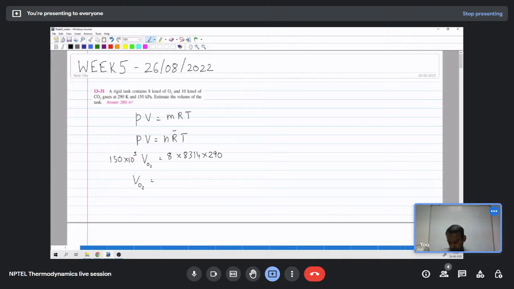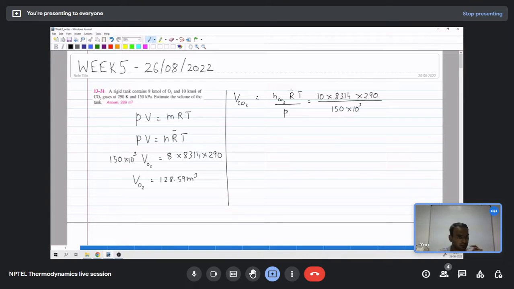So this comes to be 128.59 meter cube. Similarly, I can calculate the volume occupied by carbon dioxide, which I can write as the number of moles of CO2 into the universal gas constant into temperature divided by pressure, which is 10 kilomole into 8314 into 290 divided by the pressure of 150 kilopascal.